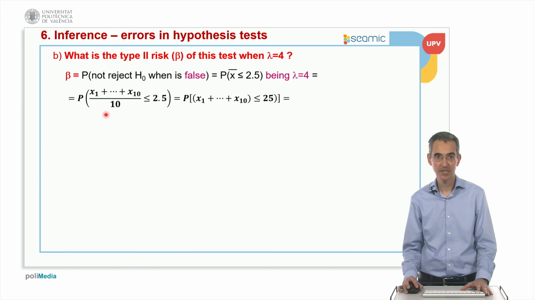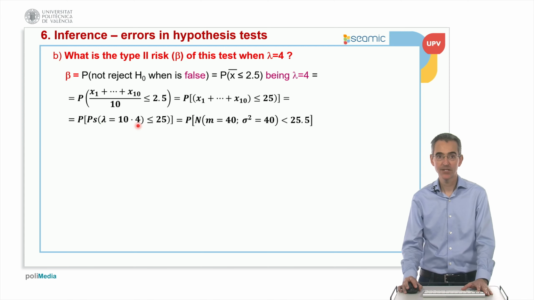Again, the denominator 10 goes multiplying to the other side of the inequality. Then again, we have a sum of Poisson variables, which is another Poisson variable, with lambda being the sum of the lambdas. In this case, lambda is 4, so we sum 4 plus 4 plus 4, 10 times, which gives a Poisson distribution with lambda 40.